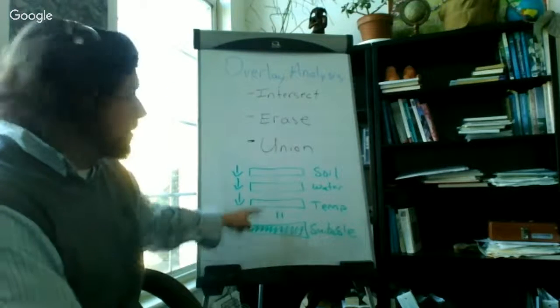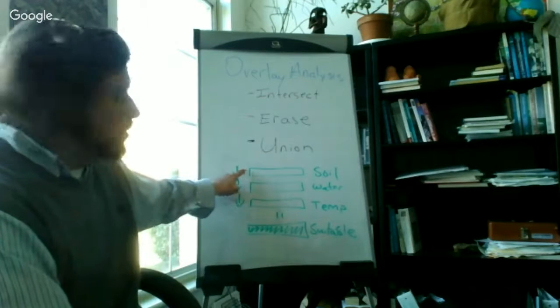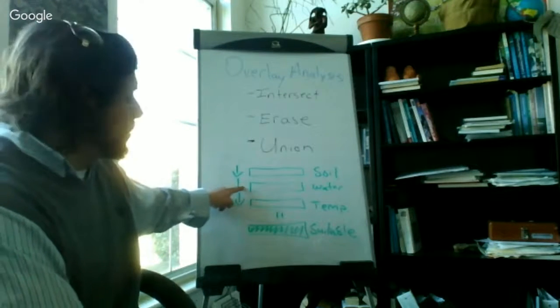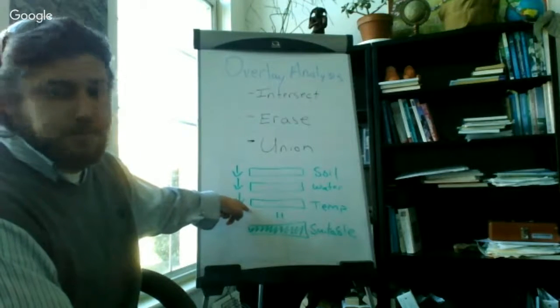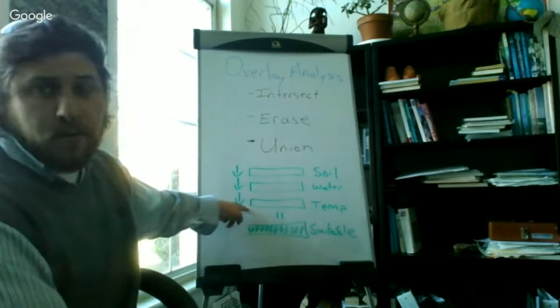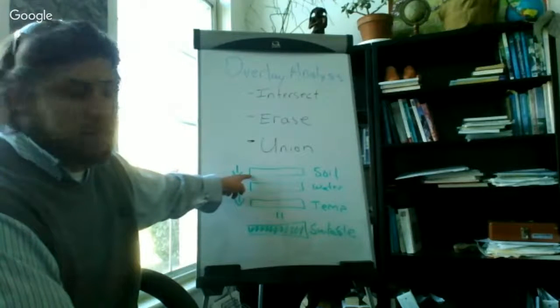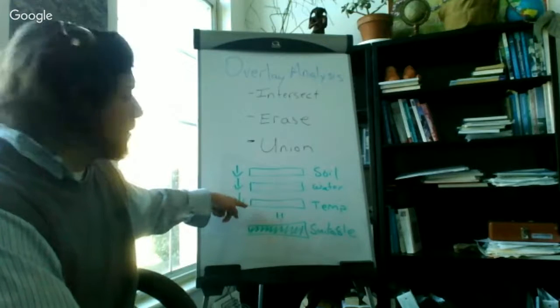Here we have a layer that is soil, showing different soil types. We have a layer that relates to the amount of precipitation in a region, and we also have a layer that tells us information about the temperature. Going back to our example of growing certain varieties of grapes, maybe they have certain soil requirements, certain precipitation requirements, and certain temperature requirements.